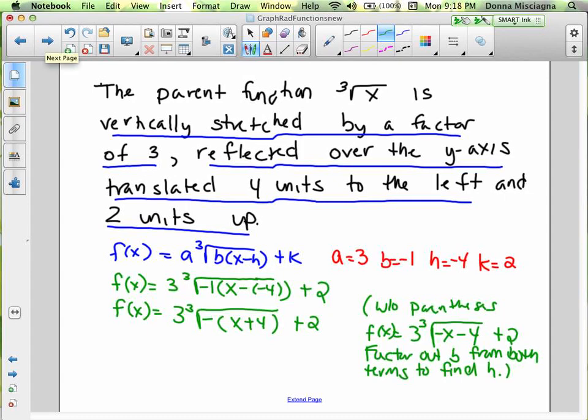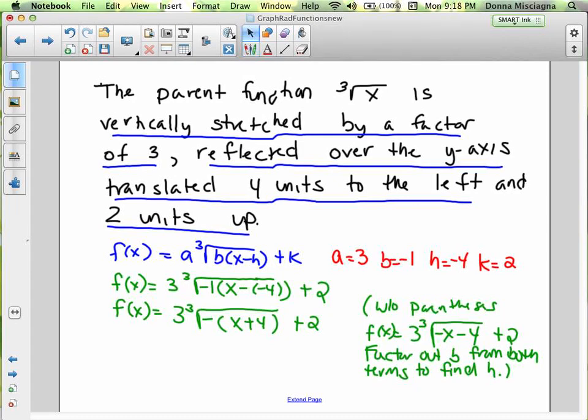Just think of it as x minus h, the same as we've been doing. When b was 1, we didn't worry about the b at all, so we don't have to worry about the b either here. Just keep your parentheses, and then plus 4 is 4 to the left, just like it always is. So just always leave those parentheses on, and then you can just plug in your values, and you don't have to worry about b.